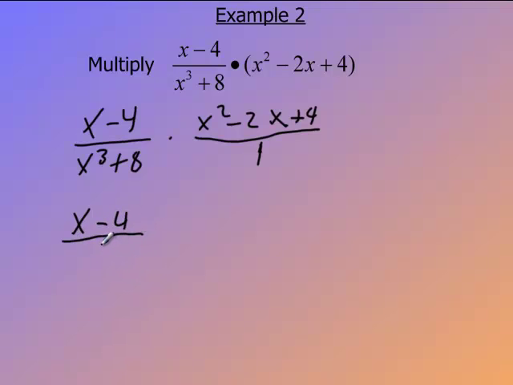And that's where we're going to have our a plus b, where this is a perfect cube. 8 is 2 cubed, and then a squared, so x squared, minus ab, 2x, and then plus b squared, which is 4.